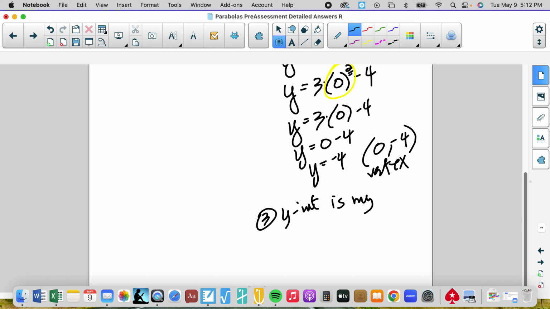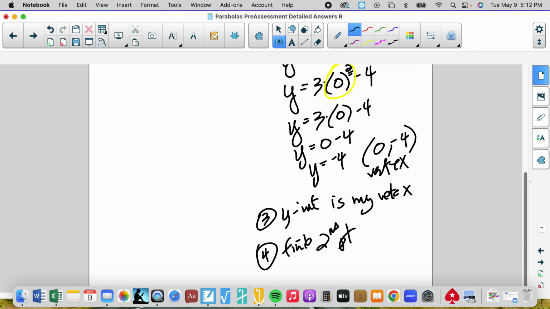So I don't get a free second point, and I also don't get to reflect it because it lies on the axis of symmetry.